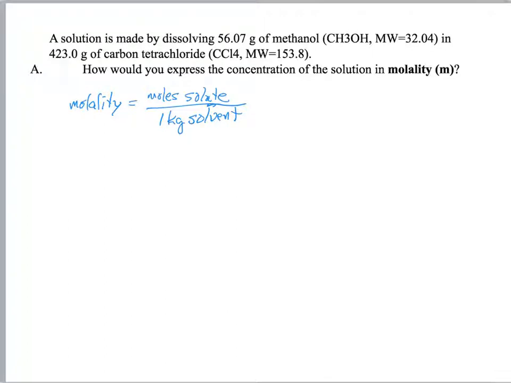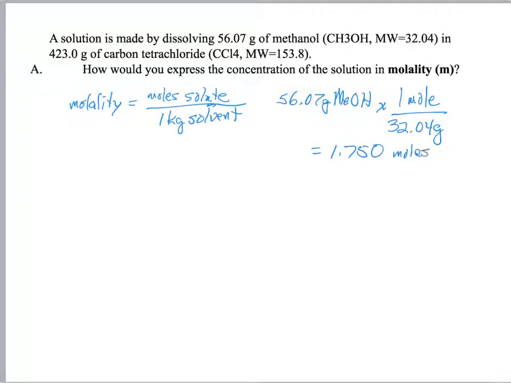Okay, so if our solute is the methanol, then we need to find out how many moles of methanol we have. We have 56.07 grams of methanol, and since we know that 1 mole of methanol is 32.04 grams, since we're given the molecular weight, that's going to equal 1.750 moles of methanol.